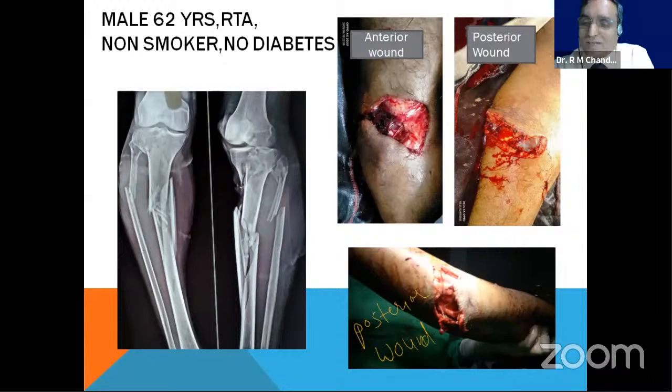Coming to Tanna sir, your suggestion about the back slab. Most of the time we are putting a back slab, not a very tight plaster, with a fiber back slab, and observing after, say, 48 hours. Even if blisters come, we just dress them, put a gamgee roll soaked in betadine in a longitudinal fashion, no circumferential tight bandages, with good elevation, not on a Bohler-Braun splint where the foot is lower than the knee.